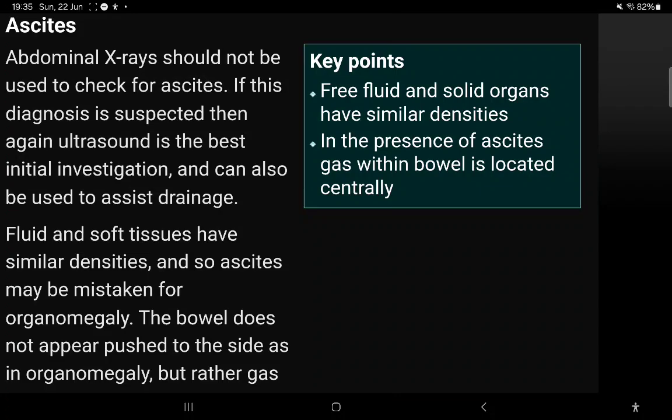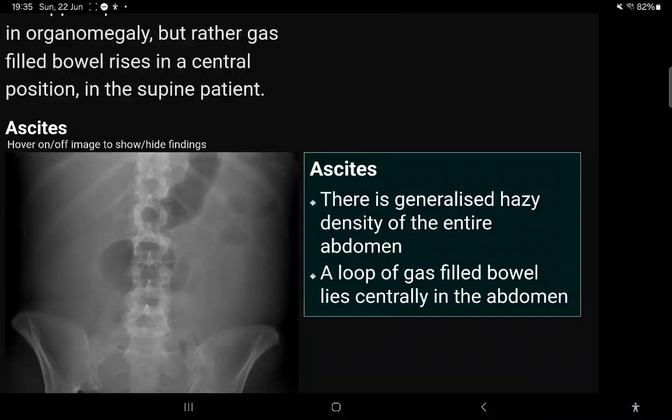Fluid and soft tissue have similar densities, and so ascites may be mistaken for organomegaly. The bowel doesn't appear pushed to the side as in organomegaly, but rather gas-filled bowel rises to a central position in the supine patient. Here is an image with ascites.